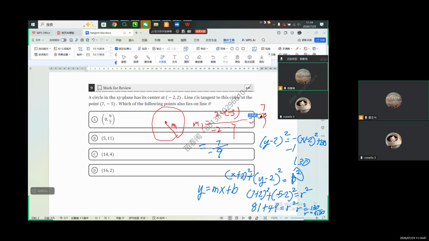So I find the opposite reciprocal, which is 9/7, right? So then we get y equals 9/7 x plus b. So then what, -5.